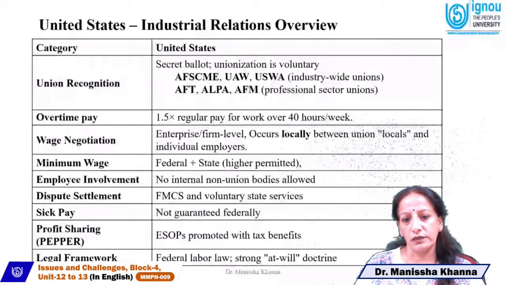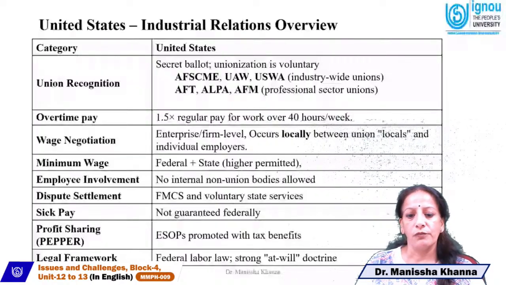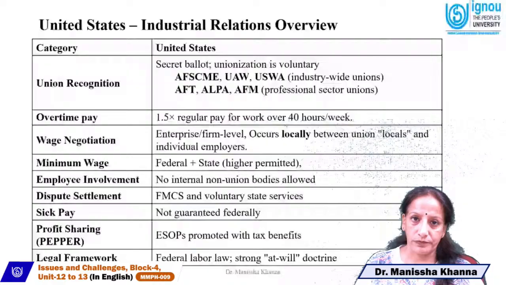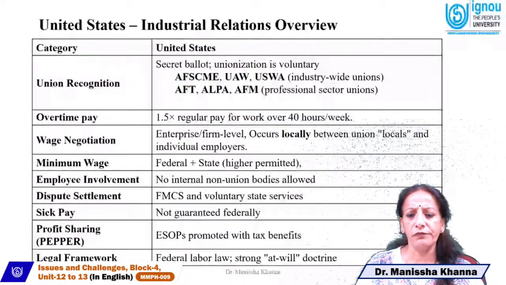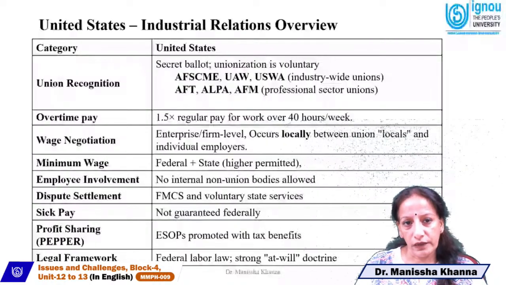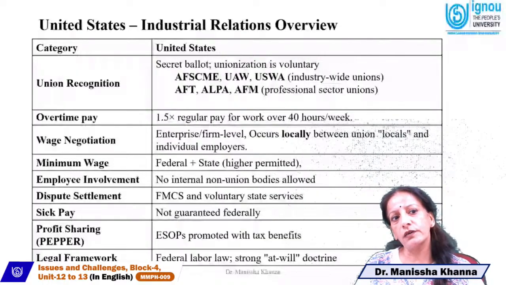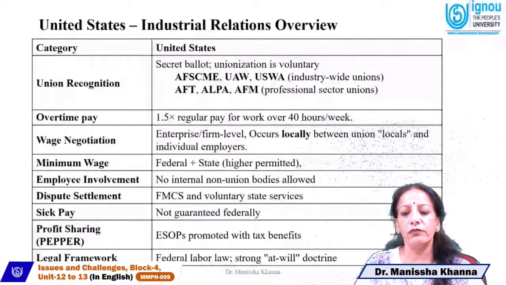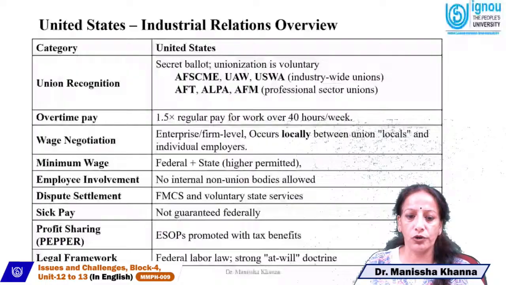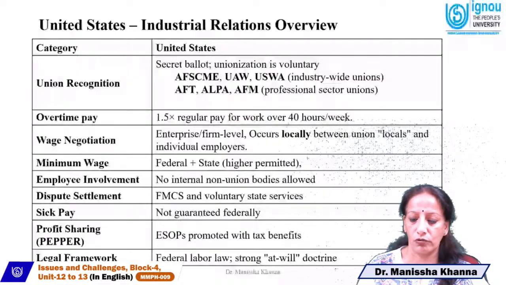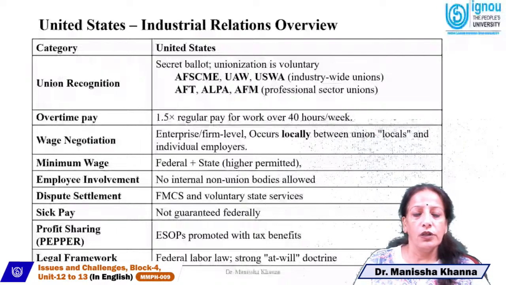Sick pay is not guaranteed federally. Profit sharing, that is ESOPs, employee sharing of profits, is promoted with tax benefits. The legal framework in the US is mainly based on the at-will doctrine. So whatever you want, maybe in favor of the federal labor law, follows.